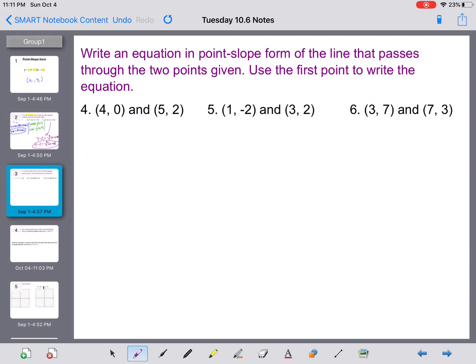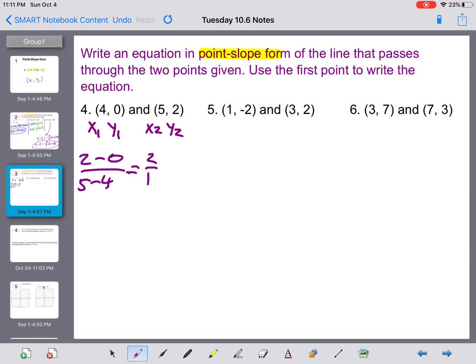Same thing as yesterday. We could go through these and make sure that we understand that we're asking for point slope form. So we're going to need to find the slope first, which they're not giving us. They're giving us 2 points, and for this one, they're just asking us to use the first point. If we wanted to find our slope, we would say 2 minus 0 over 5 minus 4, and that would give us 2/1.